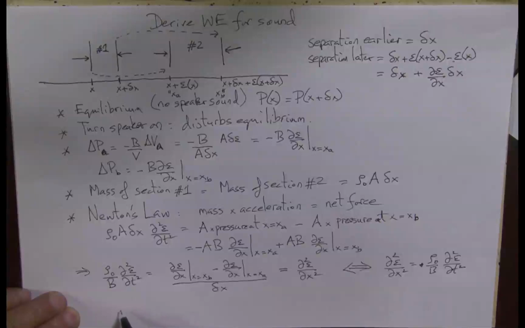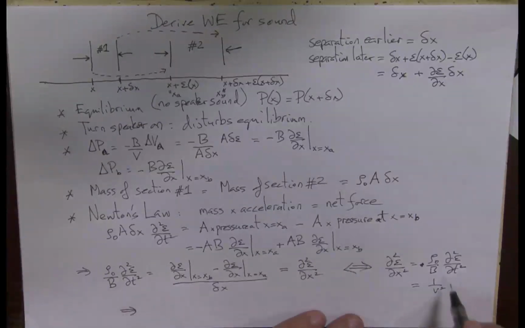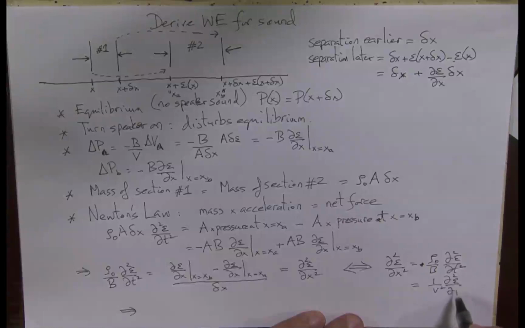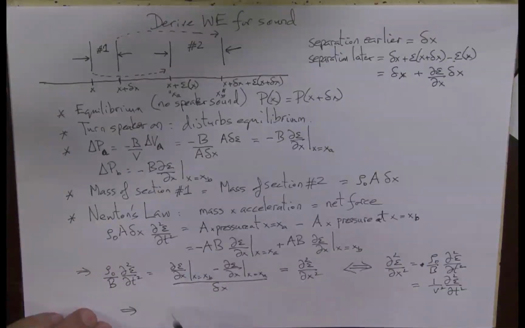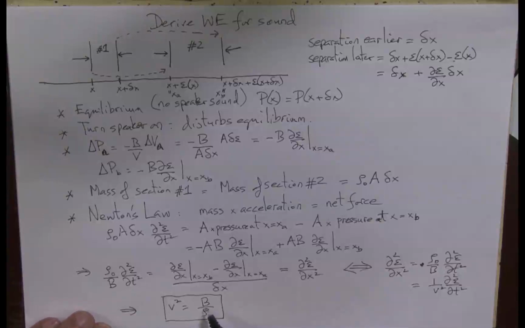And that's obviously saying that this is of the same form as 1 over V squared d²ε/dt², provided that the speed of sound squared is equal to B over rho naught. And that is the velocity of sound. It's the bulk modulus divided by the equilibrium density of the gas.